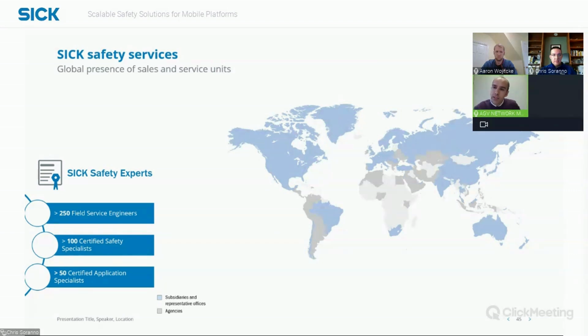So you are also providing this kind of services in terms of consultancy, in terms of help for the risk assessment. But one question is, do you do it for the machine, for the vehicle design, or also for the application or the installation in the factories or warehouse or in the application itself? Yeah, we can support anywhere in the life cycle of the machine.